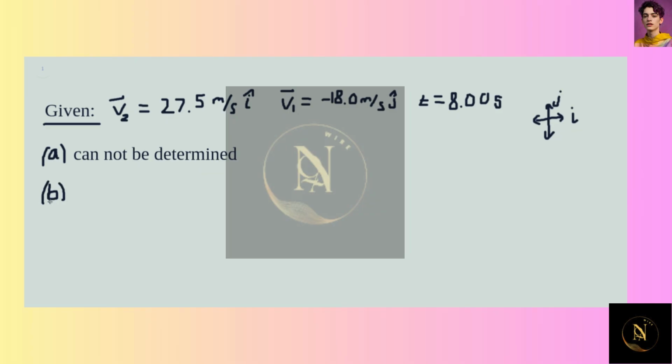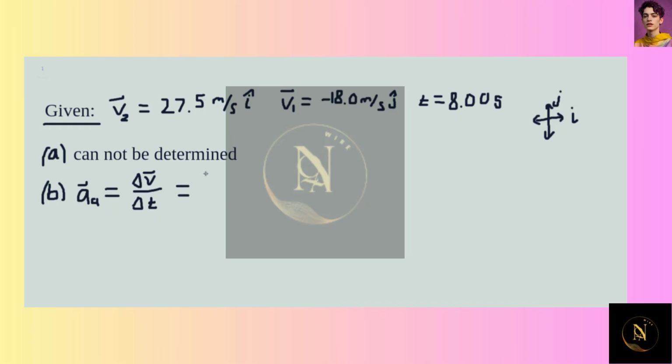Okay. Now, part B, it wants the average acceleration. Well, we do know that this can be determined, because the average acceleration, we'll just call this A sub A for average, is equal to the change in velocity vectors divided by change in time. So delta V over delta T. Okay.